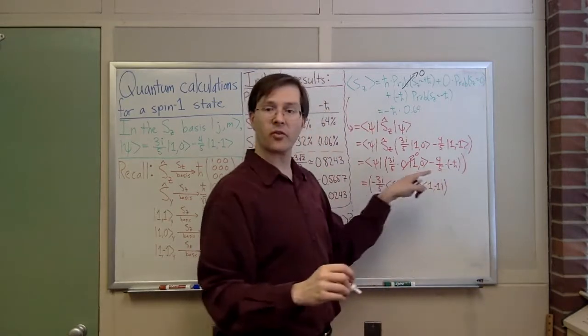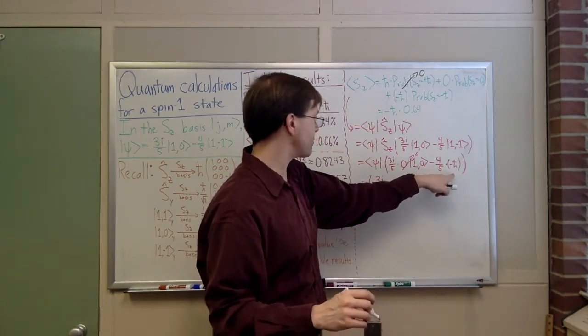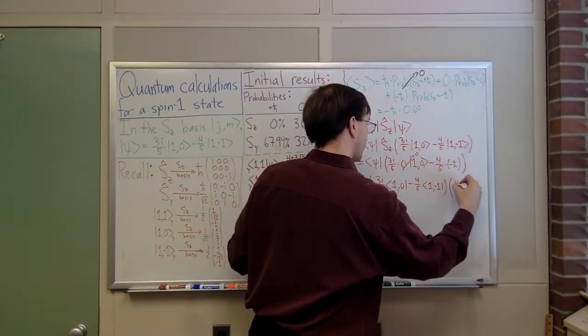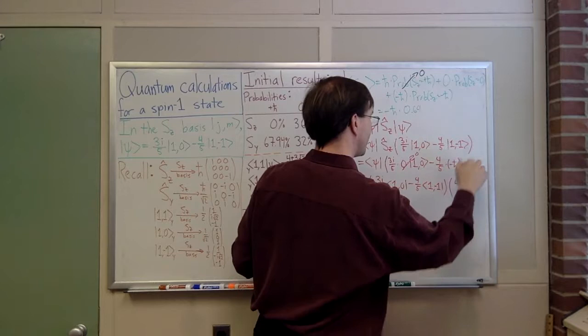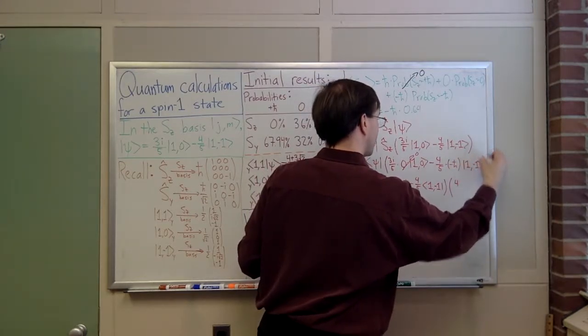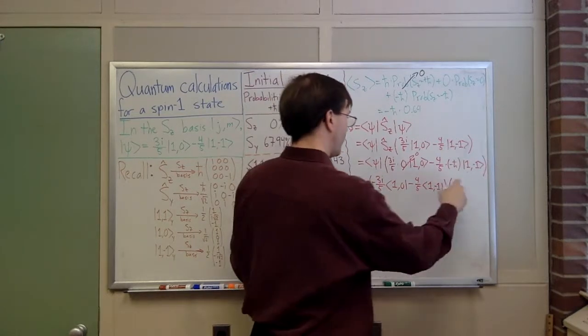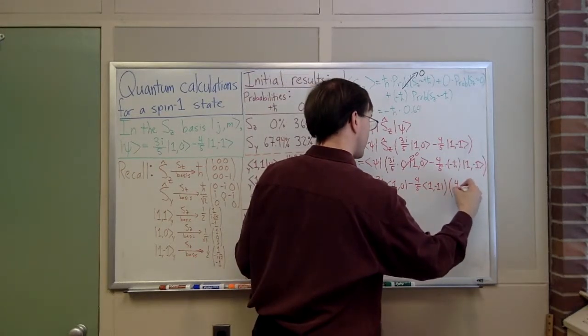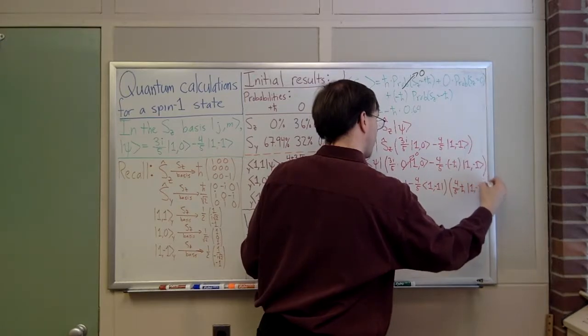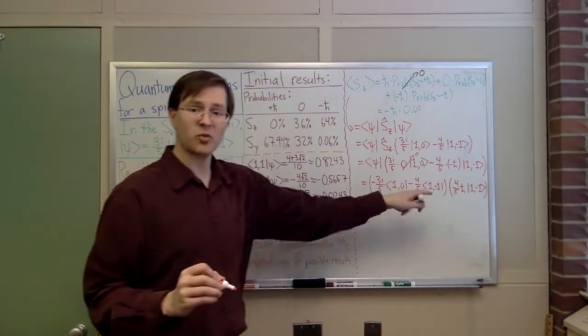And all that's left over on this side is minus 4/5 times minus h bar is plus, yes, I left out my ket. Sorry, left out my ket. 1 minus 1 ket. That was terrible. Okay, 4/5 h bar times 1 minus 1 as a ket. This is what I have left.